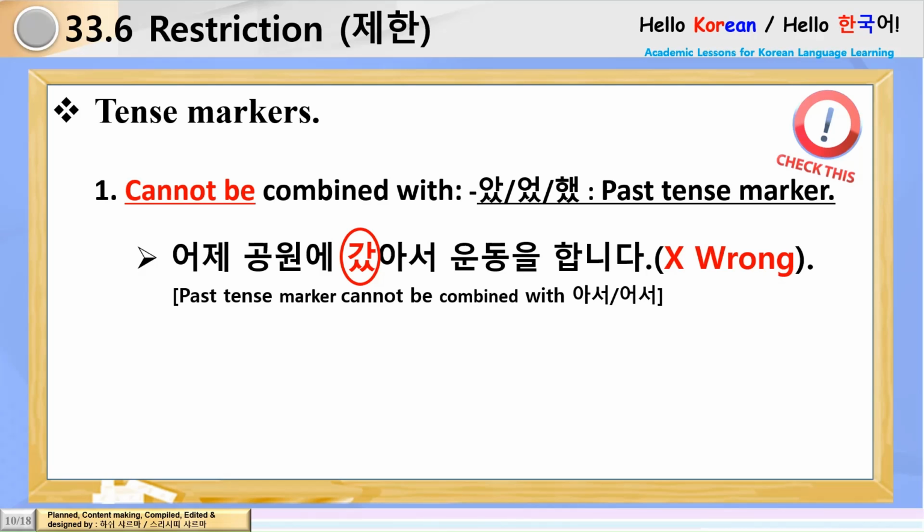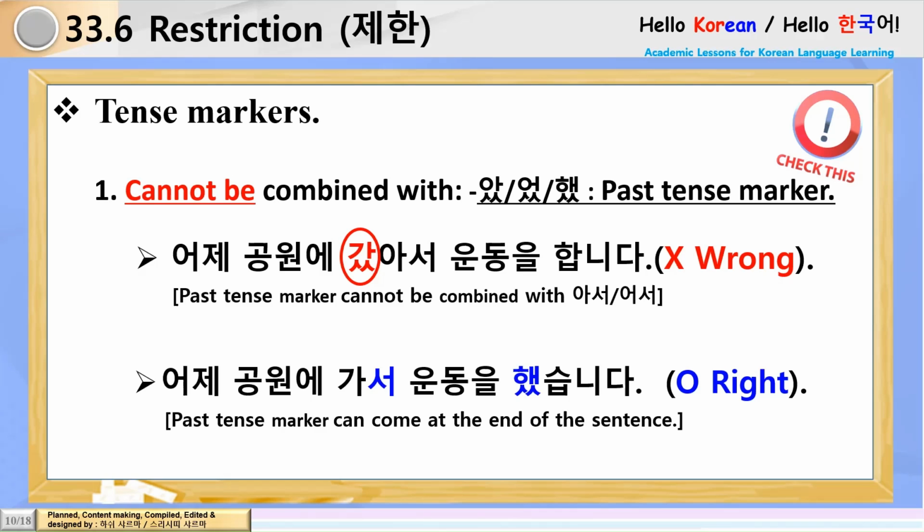We can shift the past tense marker to the end of the sentence. Then it will become 어제 공원에 가서 운동을 했습니다. Like this. See carefully. Please never combine past tense particles with the action verb where you are adding grammar 아서/어서.